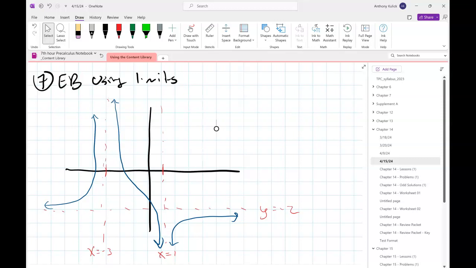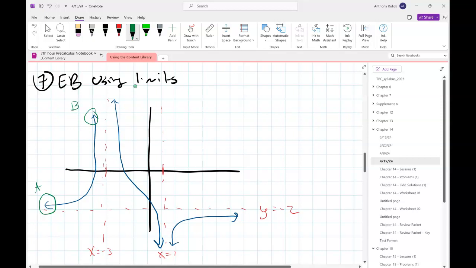Where are the 6 of them? Oh, each of them. 1 for each arrow on the graph. Everybody okay? So this would have 6 end behaviors.